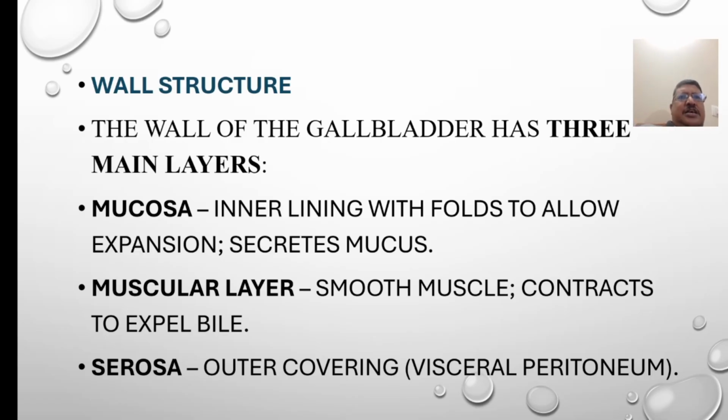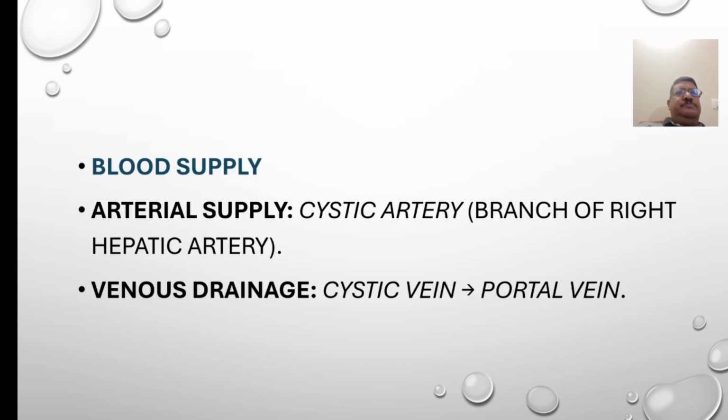Wall structure. The wall of the gallbladder has three main layers: mucosa, inner lining with folds to allow expansion, secretes mucus; muscular layer, smooth muscles, contract to expel bile; serosa, outer covering, visceral peritoneum.